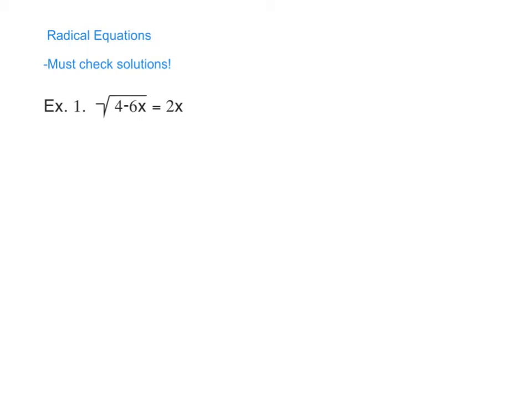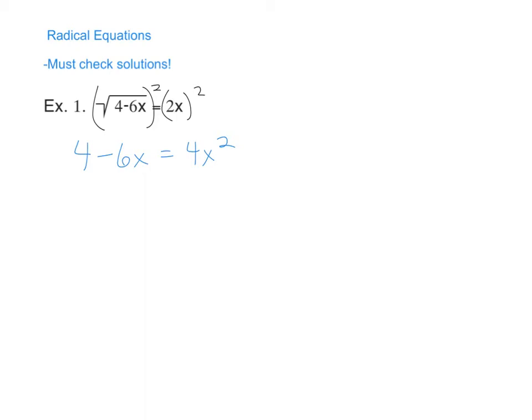So in this problem, you have the square root of 4 minus 6x equals 2x. So how do I get rid of that square root? Well, the inverse operation of a square root is squaring. So I get 4 minus 6x equals 4x squared, because the square root of 4 minus 6x, quantity squared, is just going to be that 4 minus 6x.